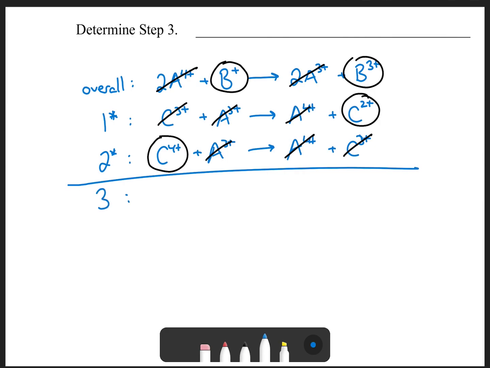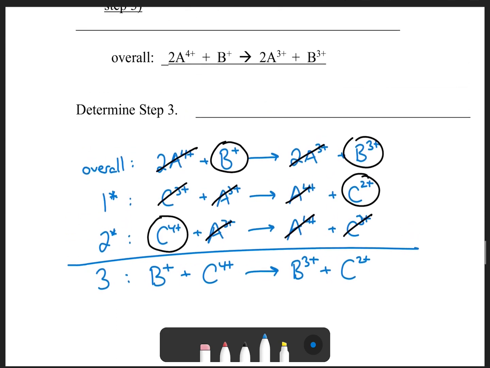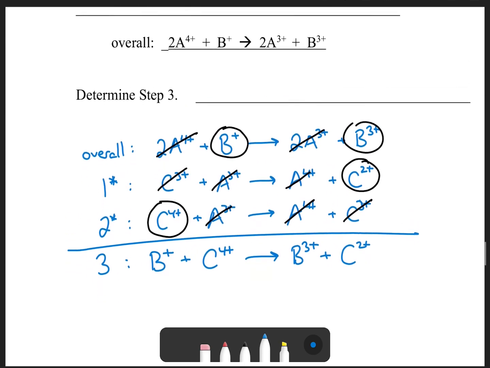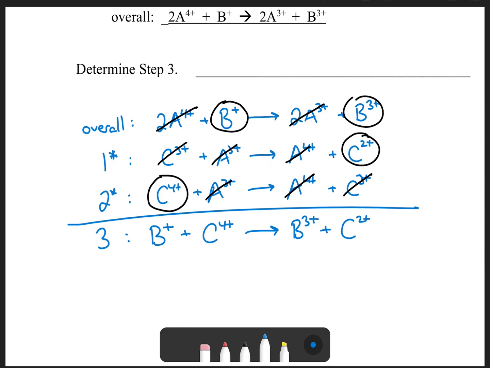So my step 3, now this is the right way. Step number 3 is B plus add C4 plus will produce B3 plus and C2 plus. So there is my missing step 3. So determine step 3, we've got it. We can take this and plug it back in and make sure we get our overall.